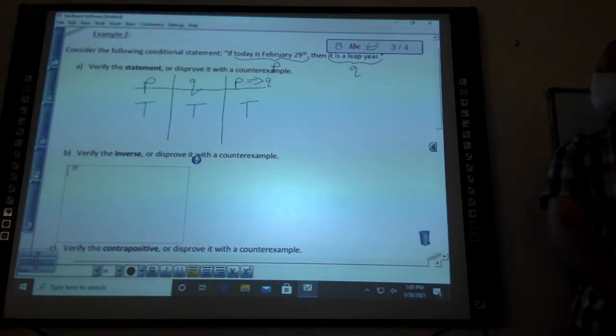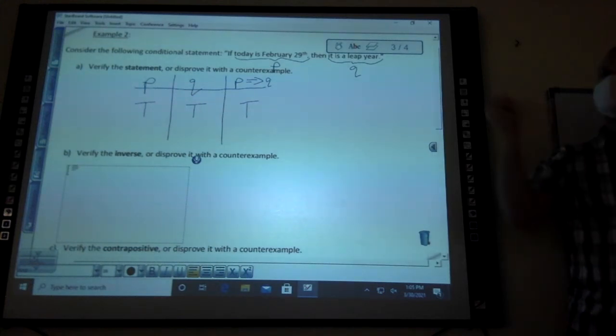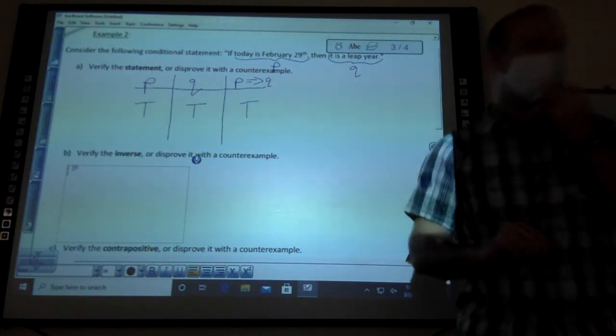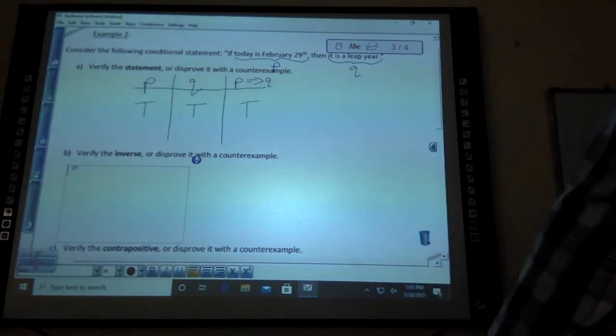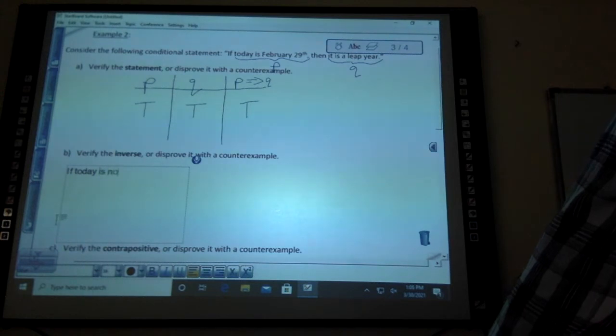Yeah, so the inverse is just making these each negative. So I just take the original statement. If today is not February 29th, then it is not a leap year.